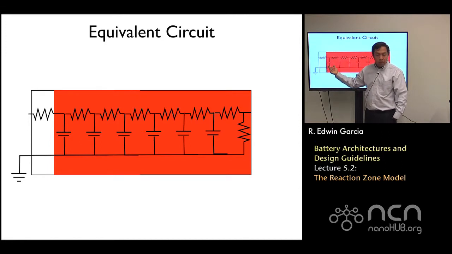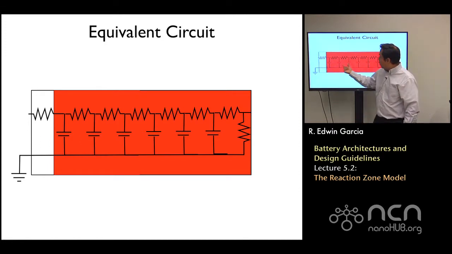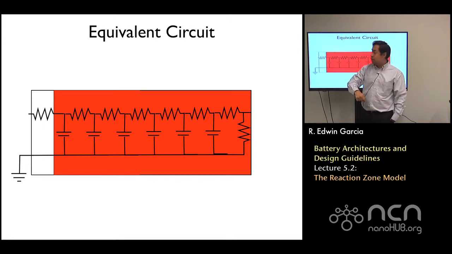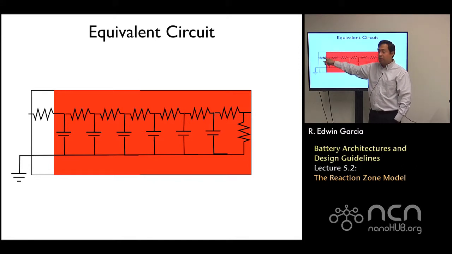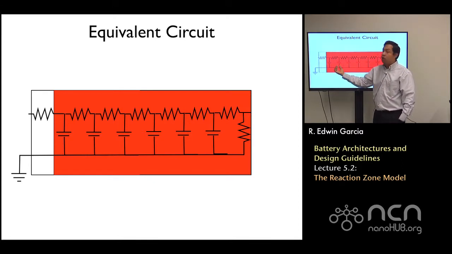And once you have used one of these capacitors, we can remove it from the system, and instead the ions have to traverse the ohmic obstacles imposed by the microstructure to reach the next layer, in this case the next capacitor, and we store it there, remove it from the system when it's stored.